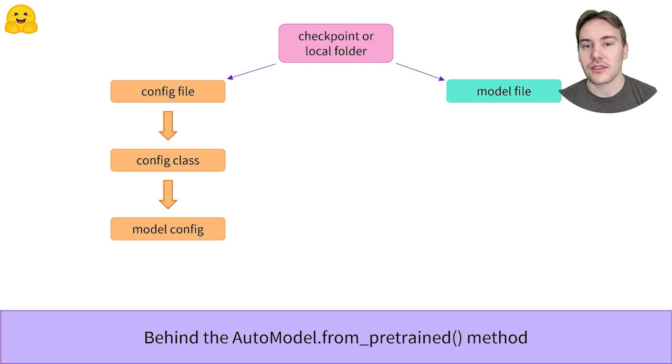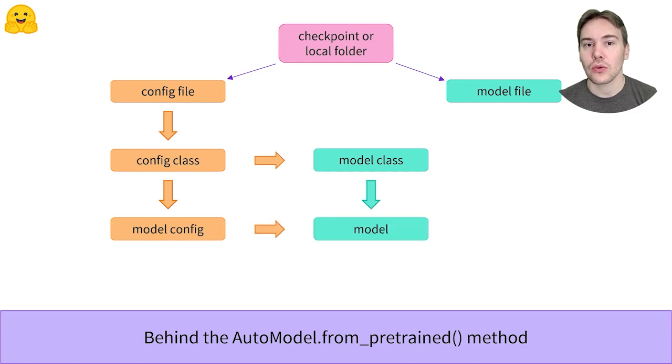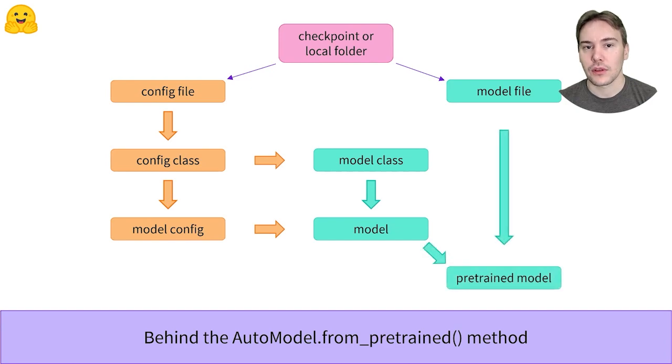It also uses this configuration class to find the proper model class, which is then combined with the loaded configuration to load the model. This model is not yet a pre-trained model, as it has just been initialized with random weights. The last step is to load the weights from the model file inside this model.